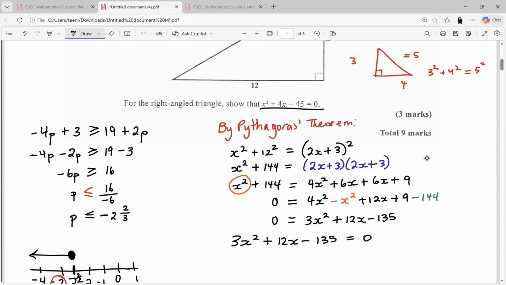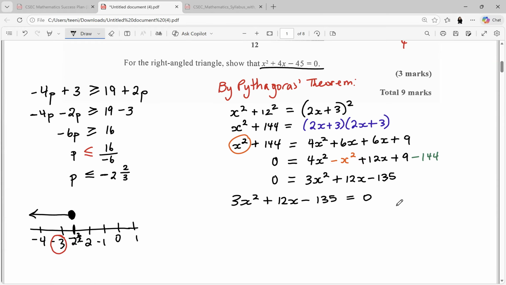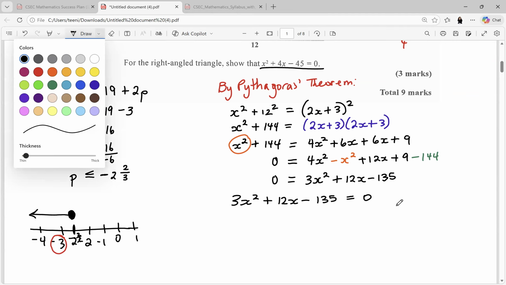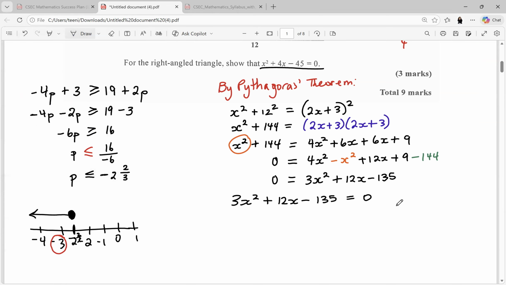The reason I wrote it like this though is because I want to show that it is this and they have 0 on the right hand side. So now if you notice, guys, throughout this expression you have 3, 12, and 135.